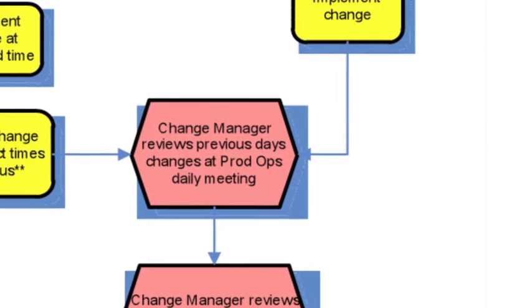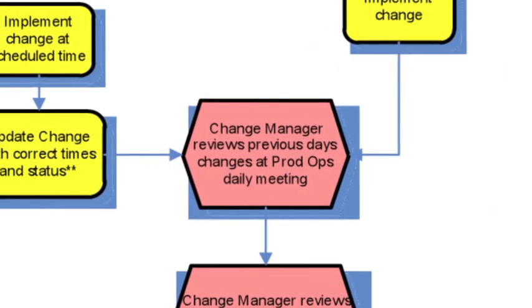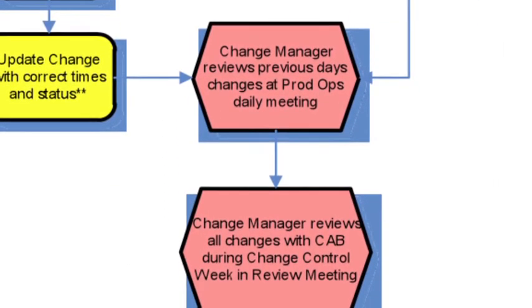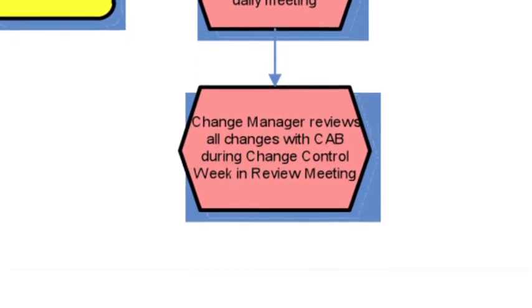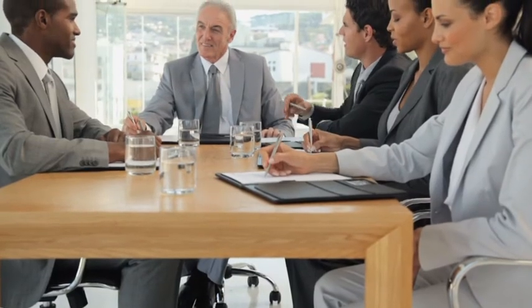Once the change is complete, it needs to be marked as successful or unsuccessful, and then the change manager will close it. If the change assignee does not get approval, verbally or electronically, and the change is executed, review will come in the production ops meeting, which happens daily, to understand where the process broke down.